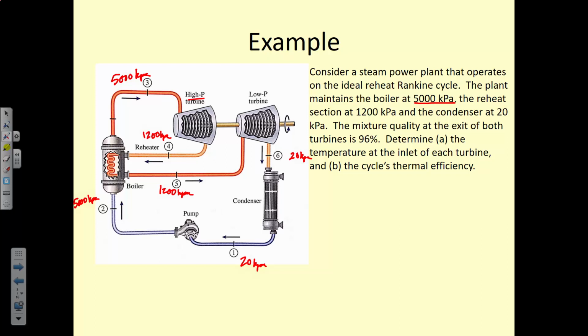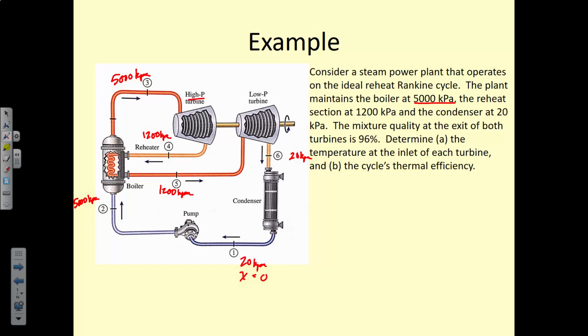We need a second value at each of those states in order to fix the state. So at state 1, what's the second thing that we know? Okay, so for the Rankine cycle, we always assume that it's coming out as a saturated liquid. So that means our quality is what? 0.